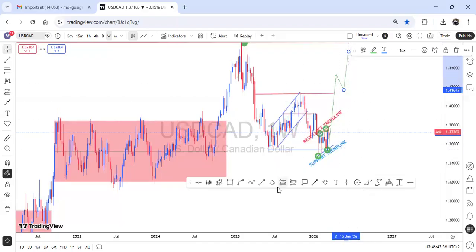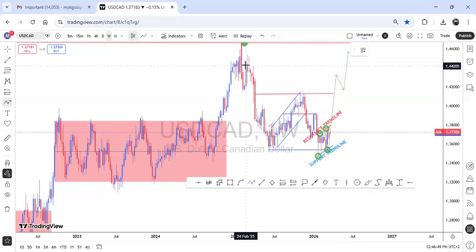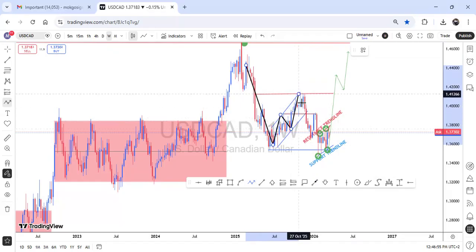But according to the way we have seen the overall structure, the price gave us our bullish flag, and then the market went down and created another pattern, the inverse head and shoulders, not the head and shoulders, sorry. And the price went down. The price rejected at the support.